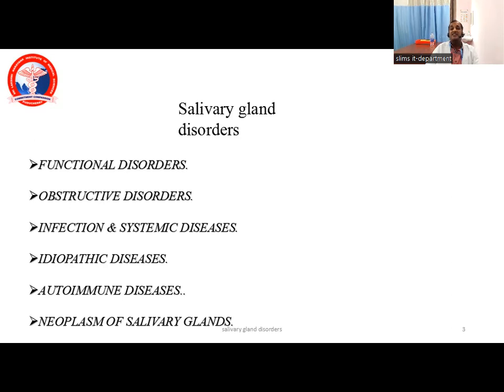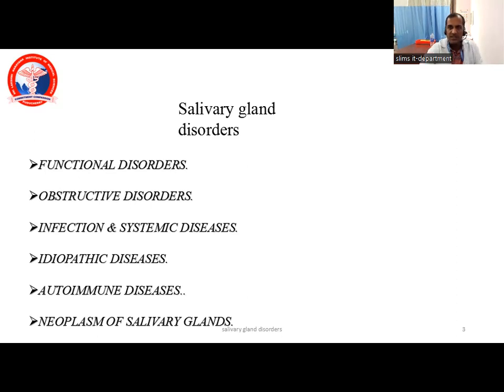And if there is any infection to the salivary glands, or any systemic diseases of your salivary glands. The fourth one is the idiopathic diseases. Fifth one is the autoimmune disease of your salivary glands. And the last one is the neoplasm of your salivary glands. Okay, the disorders are classified into the following.